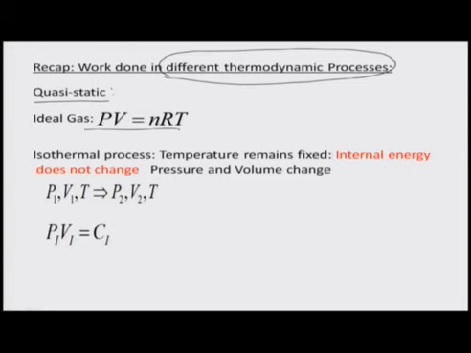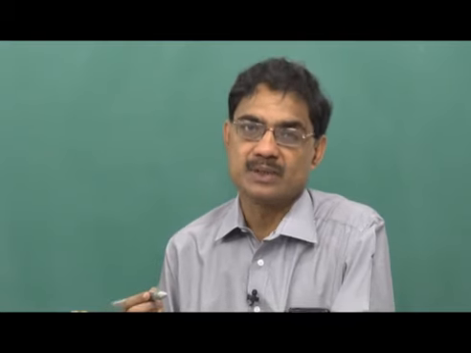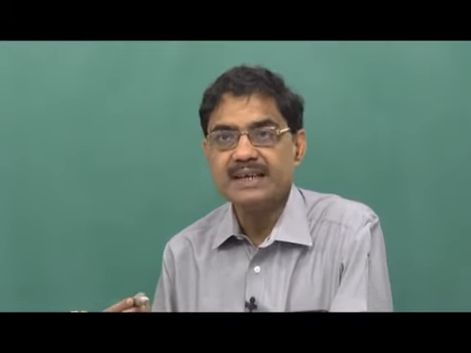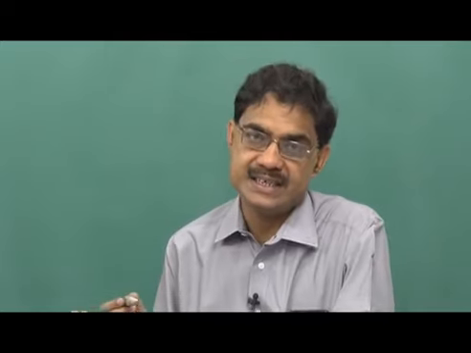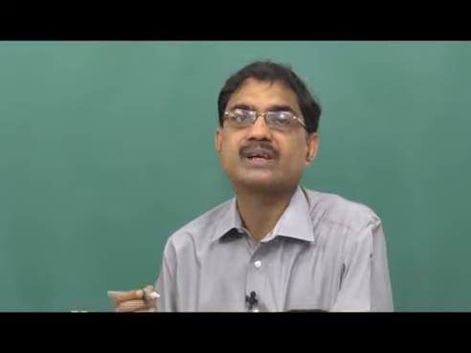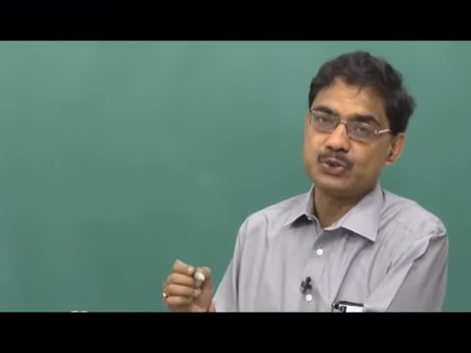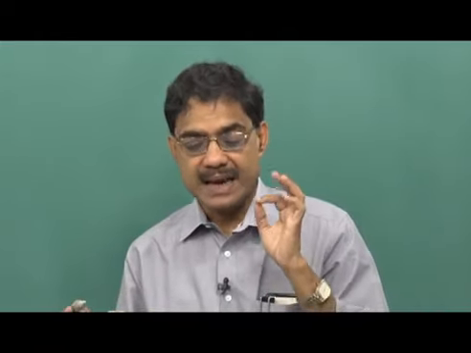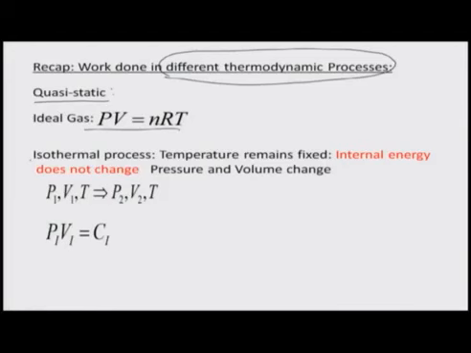So, I will consider different quasi-static thermodynamic processes and my working substance is an ideal gas, and we will use the first law of thermodynamics, namely the conservation of energy, to justify different situations, whether there is a change in internal energy, whether heat is absorbed or heat is released. These are the things I am going to do in the coming 20-25 minutes before I do the adiabatic process at some length. Okay? So, the first process which we are going to discuss is the very simple isothermal process.